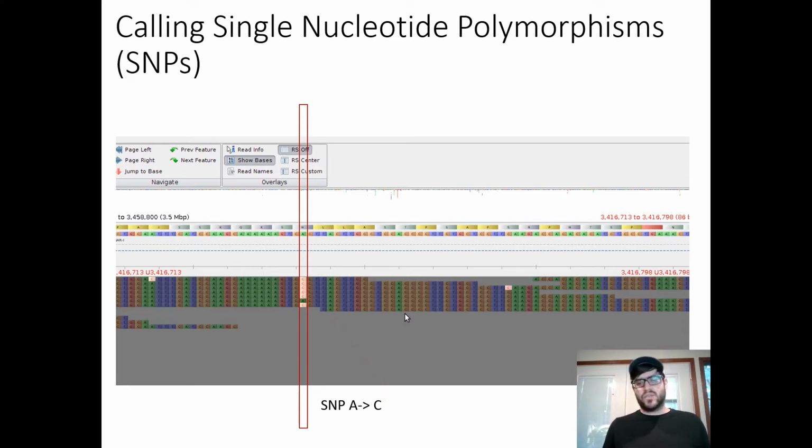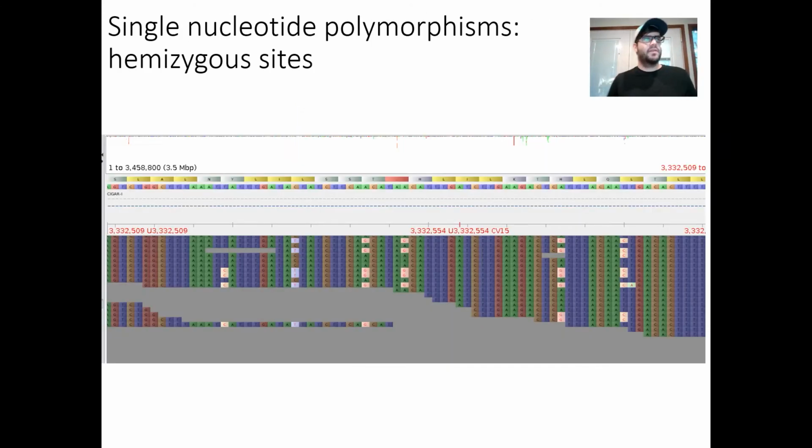They're the easiest to quantify. They tend to be very accurate. And typically we would use these in some sort of character matrix, which we'll talk about a little bit later in this lesson.